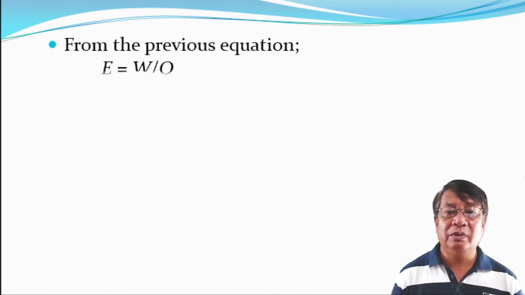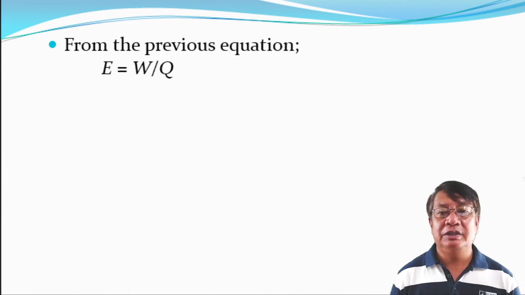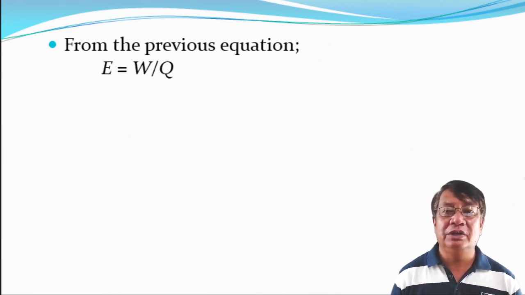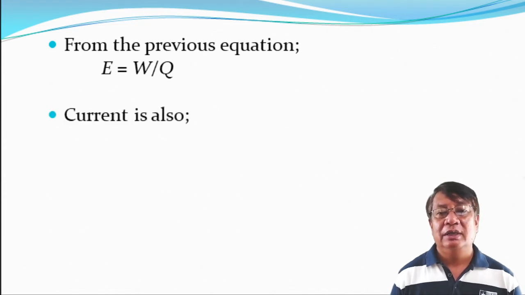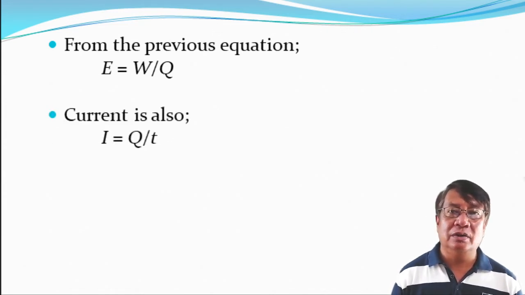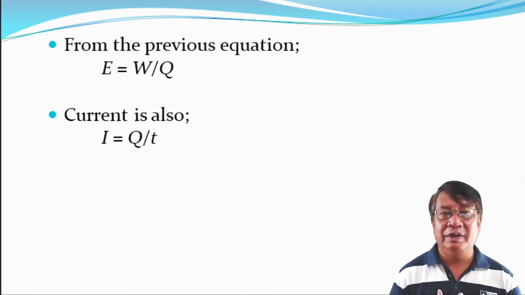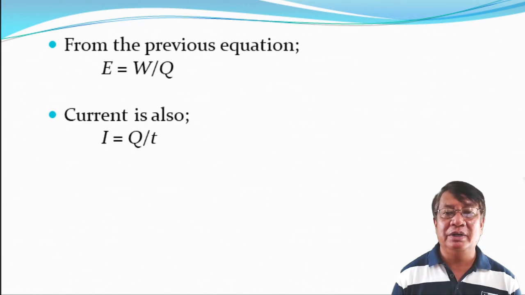Okay, so from previous equations we have E equal to W over Q, or the energy per unit charge, and the current, according to our physics, is equal to Q over T, or the charge per unit time.